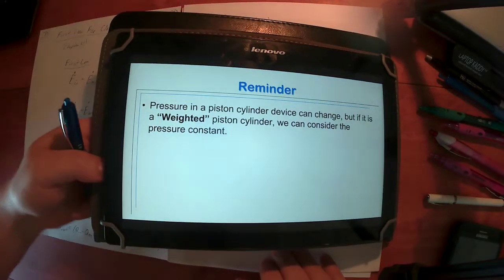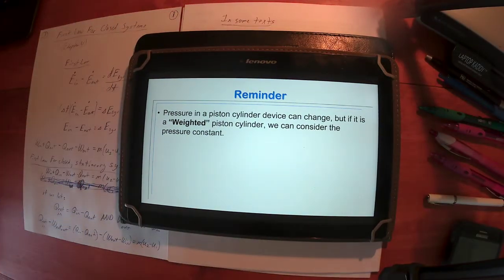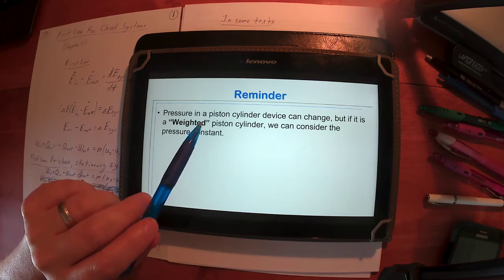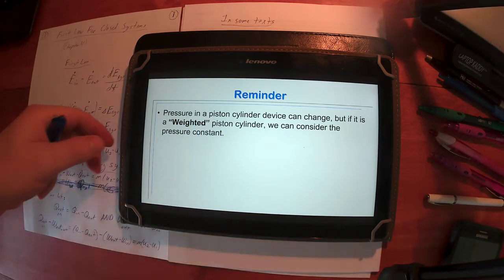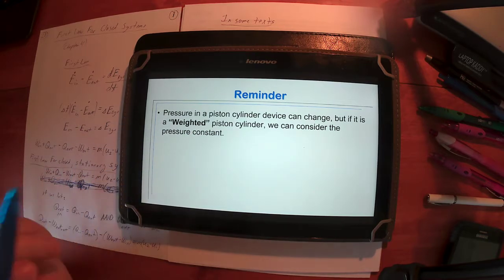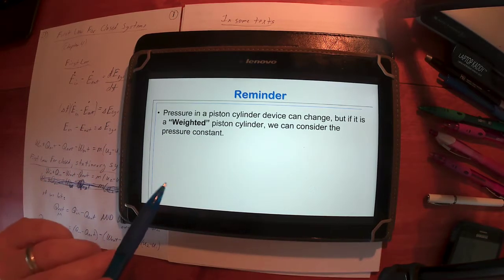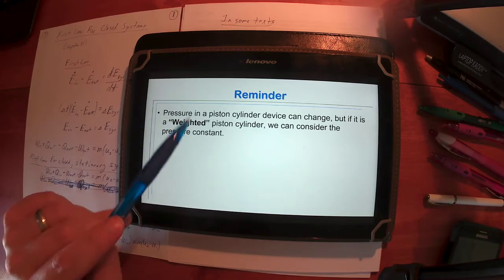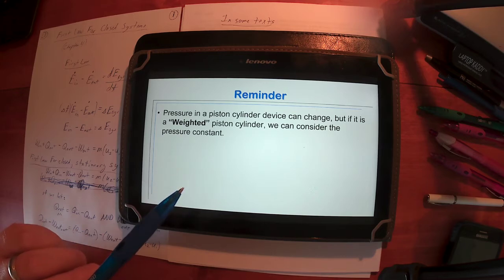Now, a piece of information: the Cengel and Boles text that we're using will use this adjective, a weighted piston cylinder, to refer to a device where the volume can change but the pressure will remain constant. So when you see this adjective weighted, they're telling you you can assume the pressure is constant.